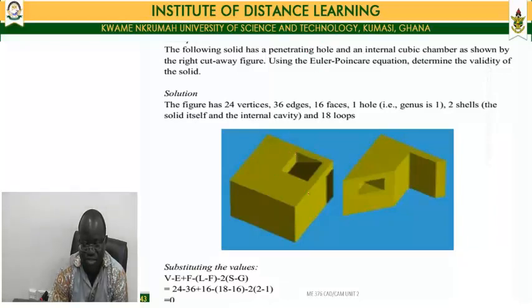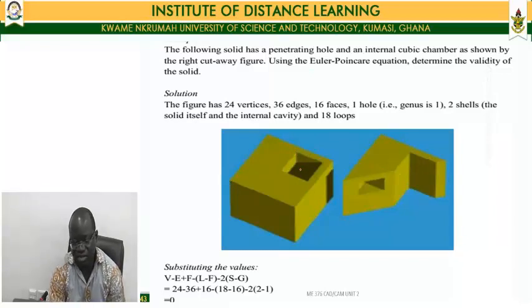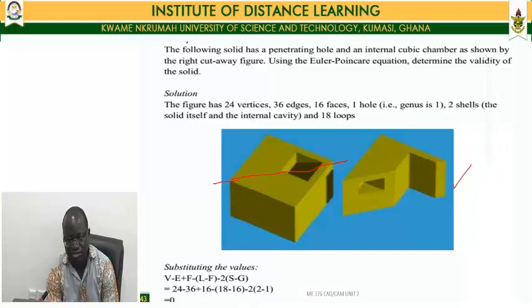So when you cut this away, then you will see this as a section. So this is a see-through. And then once we cut through, we notice that there is an internal cubic chamber. That is what is being described from the problem. Internal cubic chamber shown by the right cut away figure, this figure on the right.